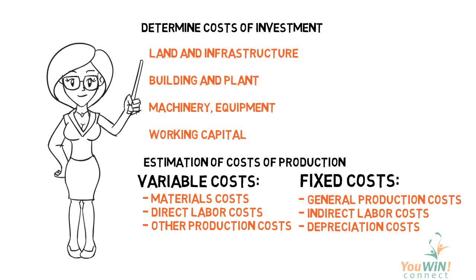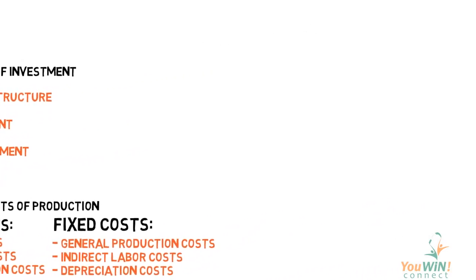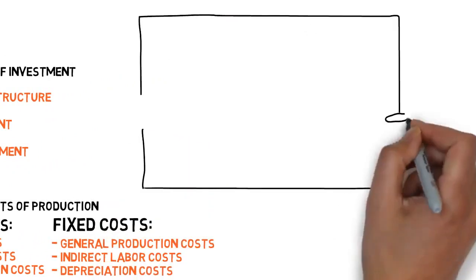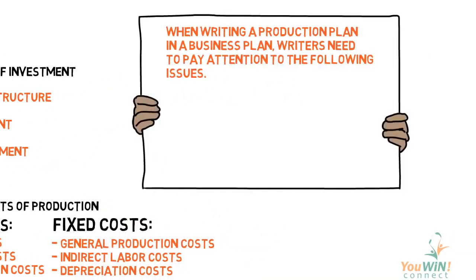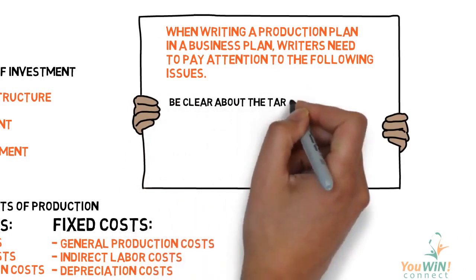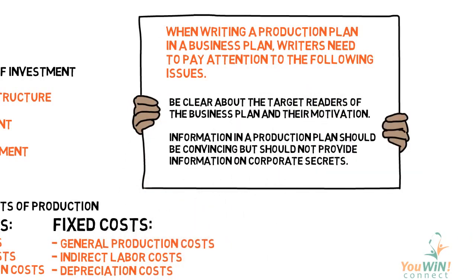In closing up the discussion on production planning, a few things that we need to note and be aware of. When writing a production plan in a business plan, we need to pay attention to two main issues. First, you have to be clear who the target readers of the business plan will be and what's their motivation. Now, if their motivation is simply for investment evaluation, you want to be careful the kind of information that you put in the production plan.